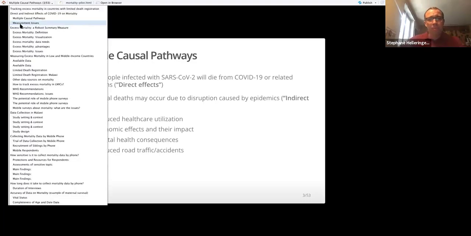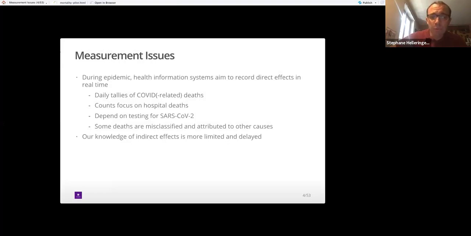And the problem we have, well, so how do we measure these issues as an epidemic or a pandemic unfolds? Well, during an epidemic or pandemic, health information systems traditionally aim to record the direct effects of the infectious disease in real time. So you've become very familiar with this through the daily tallies of COVID cases or COVID-related deaths that are reported in the media, for example.